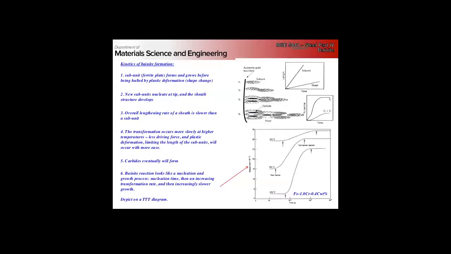So we're dissipating less energy. We're work hardening less. So basically, we have bainite that ends up looking like a typical nucleation and growth process. We have a nucleation time. We have an increasing transformation rate, and then a slowing of our process.